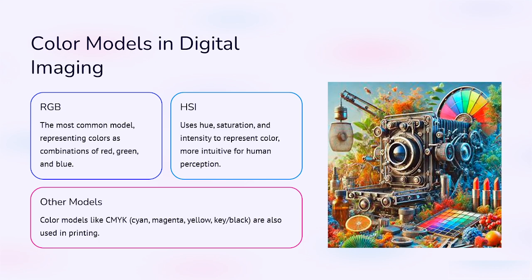For instance, in traffic sign detection, HSI can help distinguish the colors of signs even under varying lighting conditions. There are also specialized models like CMYK used in printing and YUV common in video compression. These models demonstrate the versatility of color representation in digital imaging.